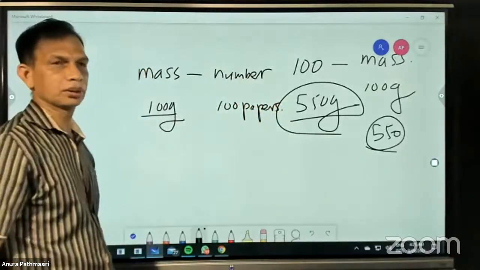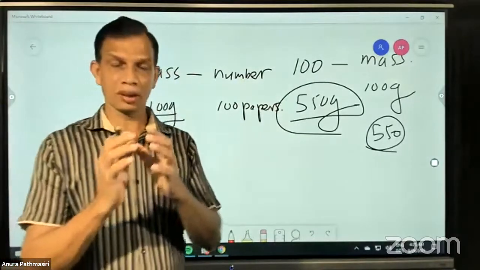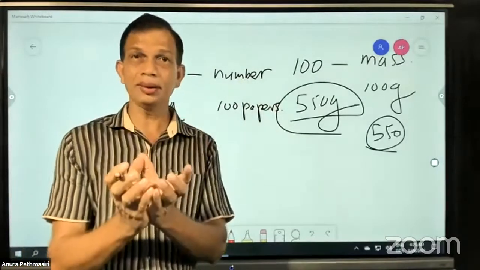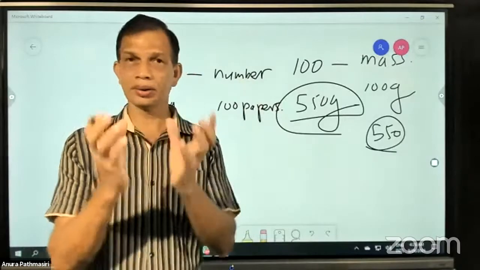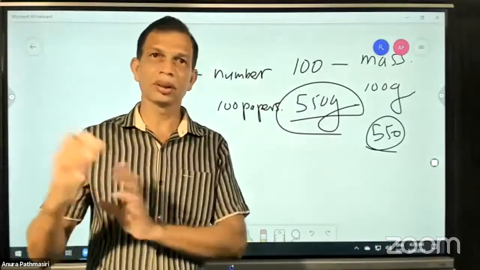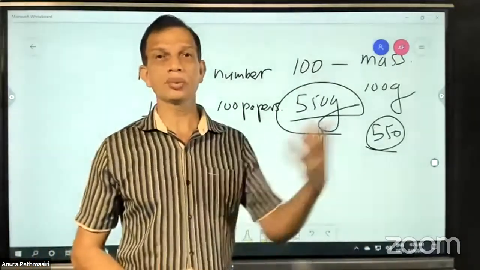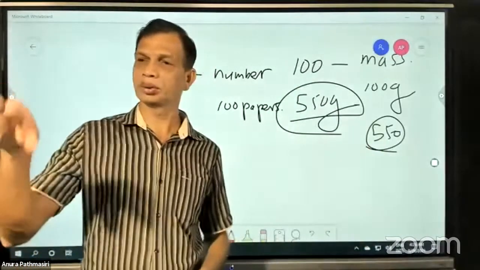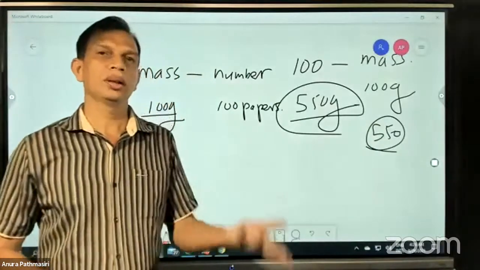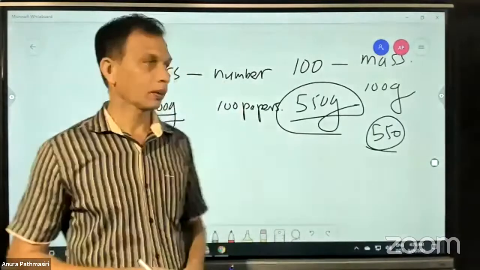So you can measure if the fruits are equal in size, right? Equal in size, you can measure the mass, then you can count the number of mangoes. If you are counting in thousands, rather than counting 1, 2, 3, 4 like that, you can measure the mass and then calculate.